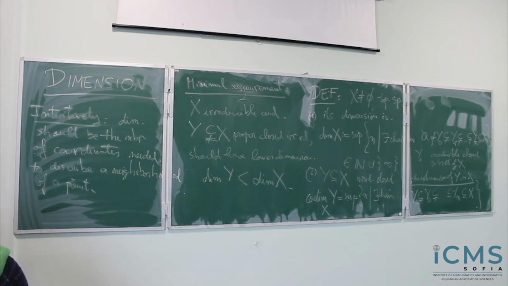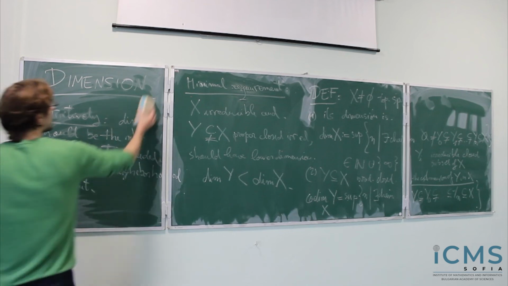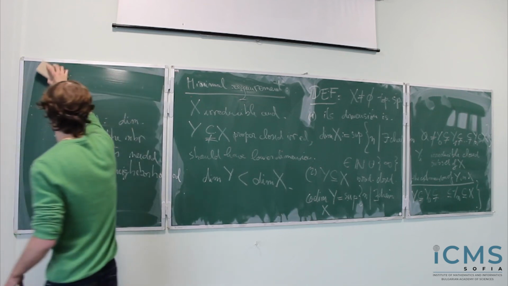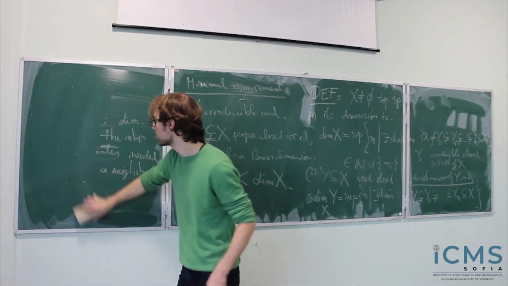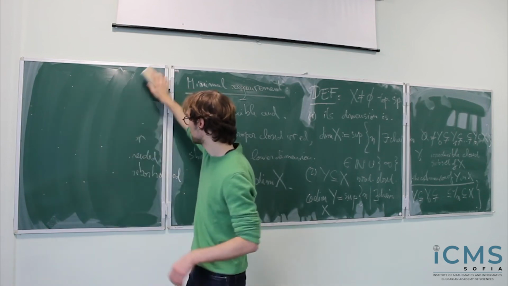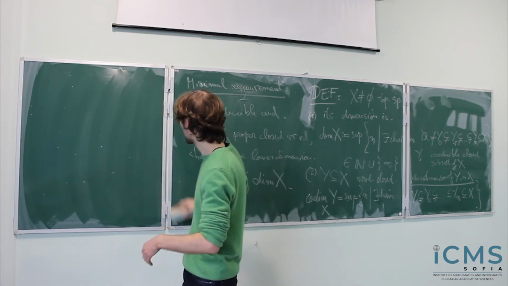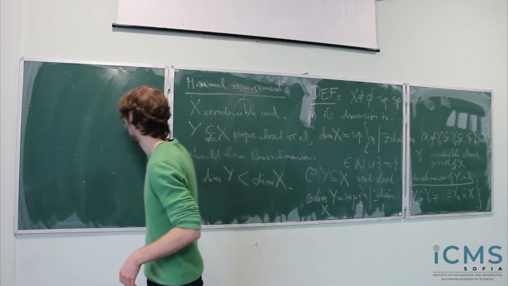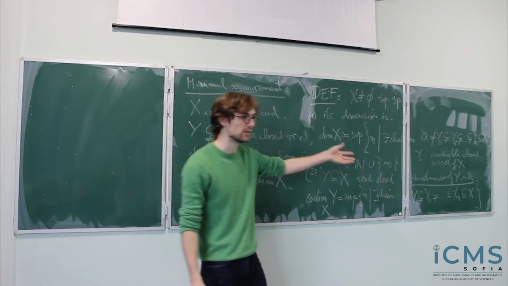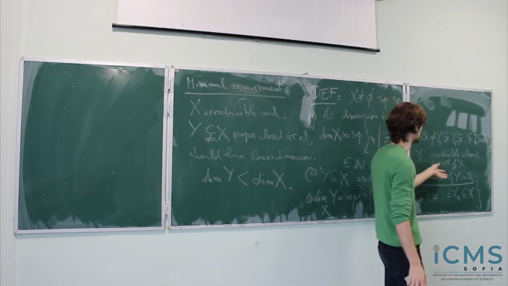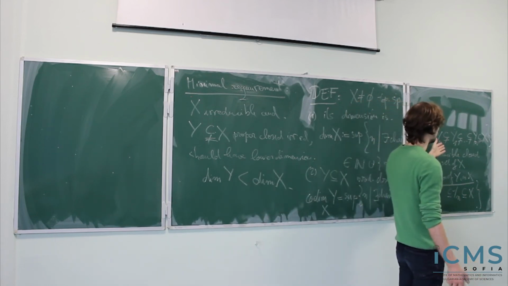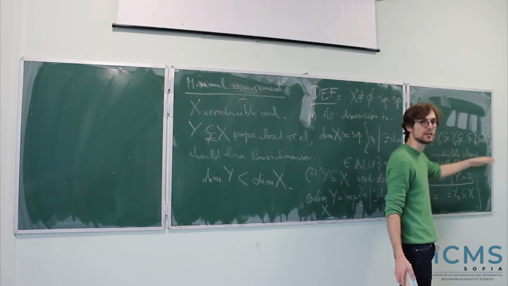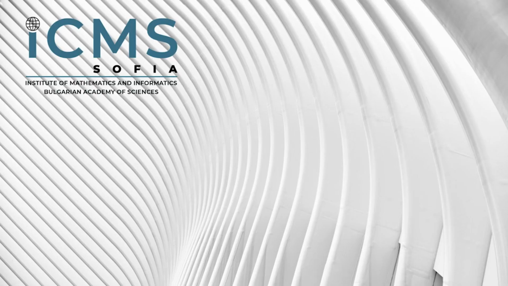Of course, if we consider our intuition of what the dimension should be, this more or less corresponds to what linear algebra would give us as an idea of a dimension. Every finite dimensional vector space can be filtered with linear subspaces in this way, and the maximal chain corresponds to the dimension.